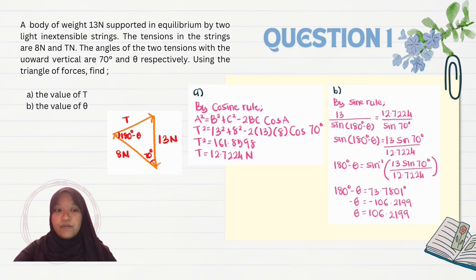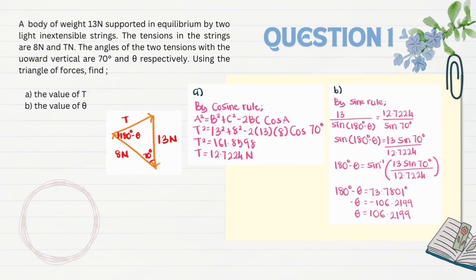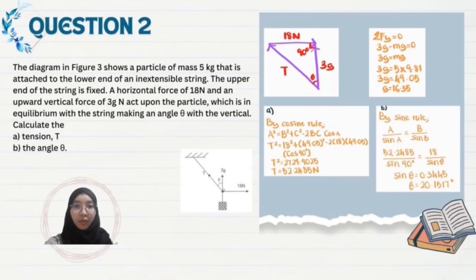We can move places, and then we got 180 minus theta equals sine inverse of 13 sine 70 over 12.7224. Then we solve the equation, and we got theta equal to 106.2199.